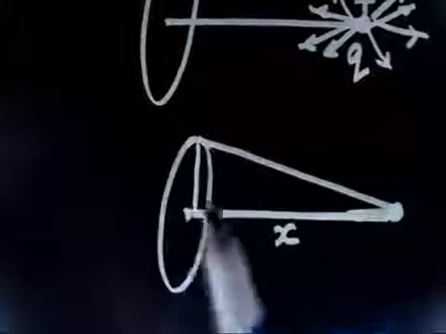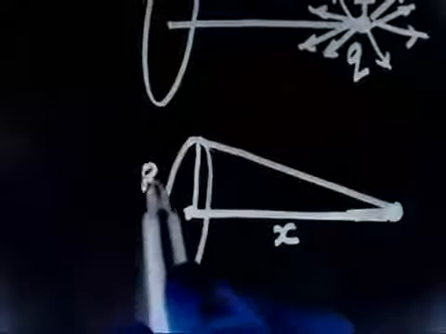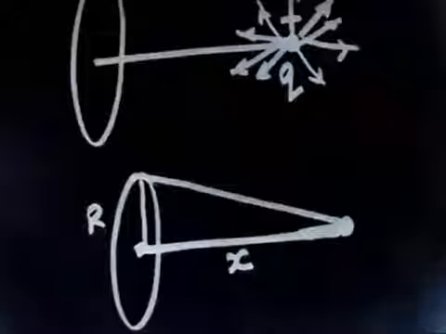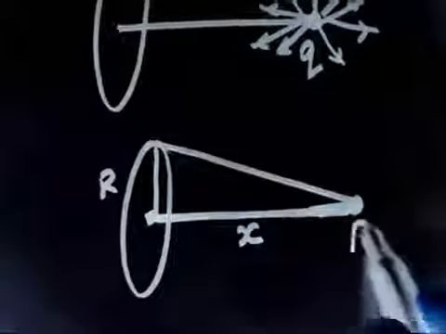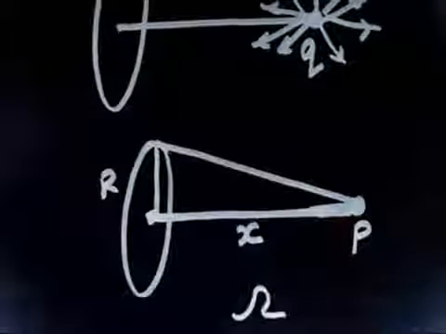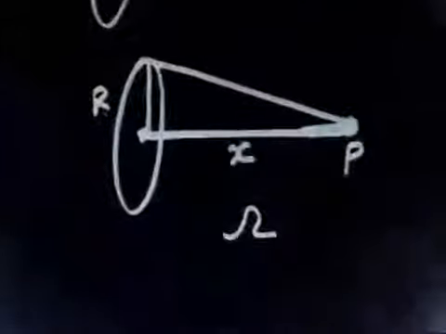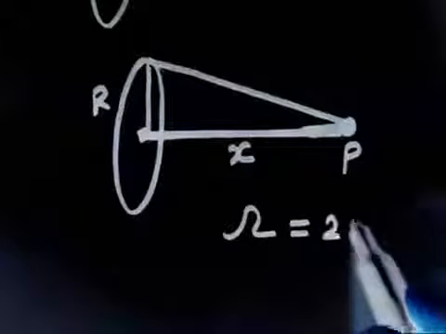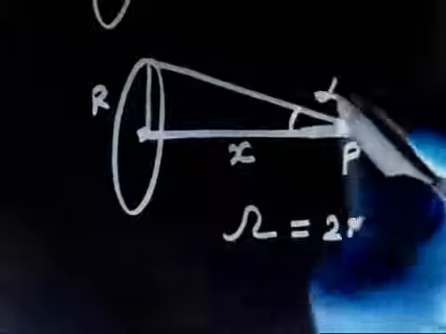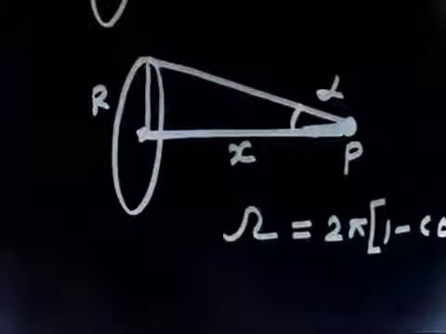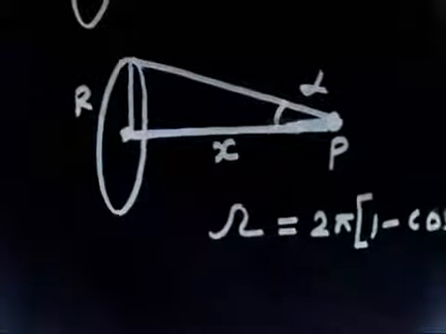This distance is x, this is radius r, that is fixed. The solid angle subtended by a ring at a point charge P, which we derived in the class, is 2 pi (1 minus cos alpha), where this angle is alpha.